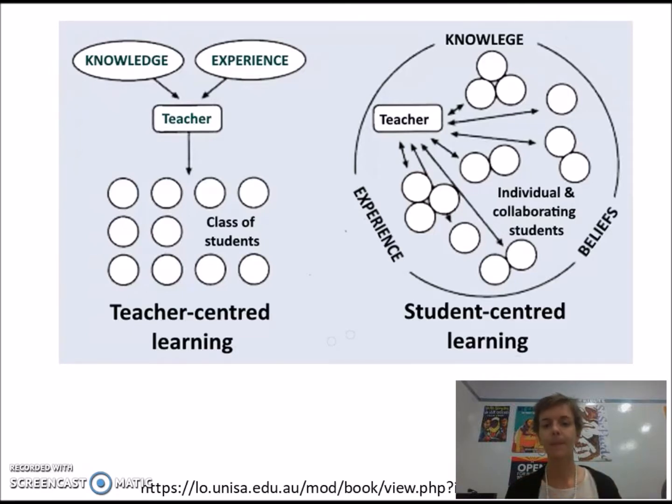interactions in the classroom. Another way to think about it is a student-centered learning shift where everyone's knowledge, experience, and beliefs are equally valued. The teacher creates the learning situation, and then the students work together in that learning situation.